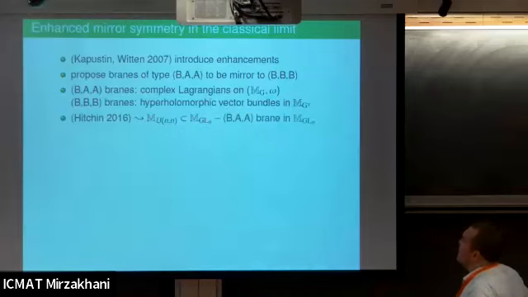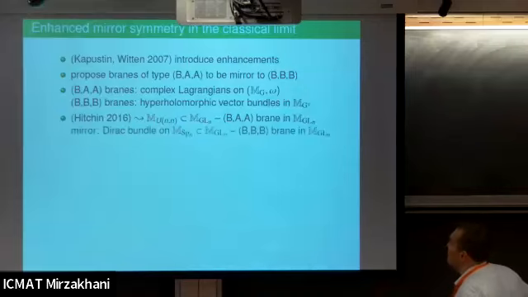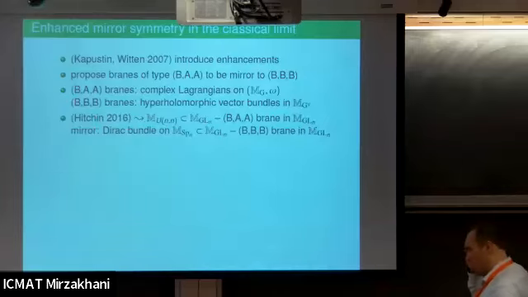And Nigel, so therefore it's a BAA brane, and Nigel found a nice candidate for the mirror, namely the Dirac bundle. One of the few known constructions of hyperholomorphic bundles is this hypercohomology construction of the Higgs field, which we can call Dirac bundles. But what's interesting is the support.